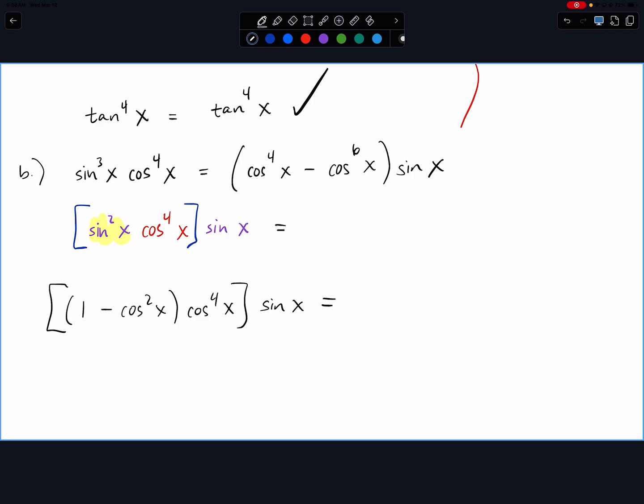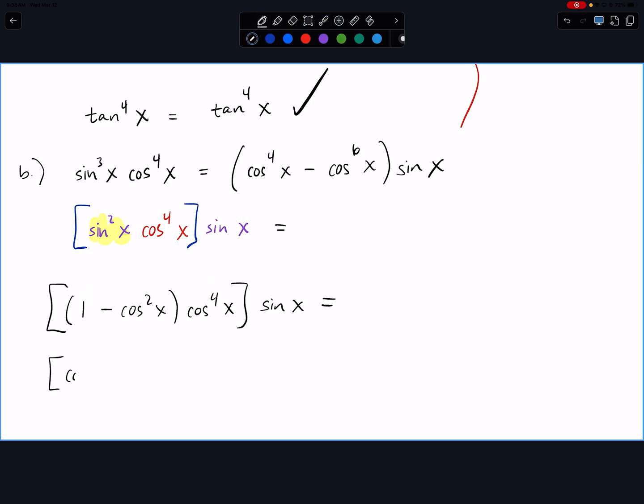Does that make sense? Class, does that make sense? Because that's one of our identities, right? And then if I look at where I'm heading, I already have a cosine to the fourth, right? So do you guys agree now I can distribute these? So what is 1 times that?